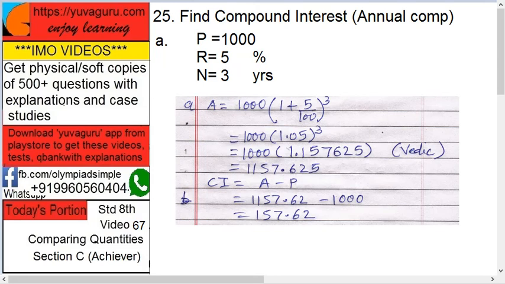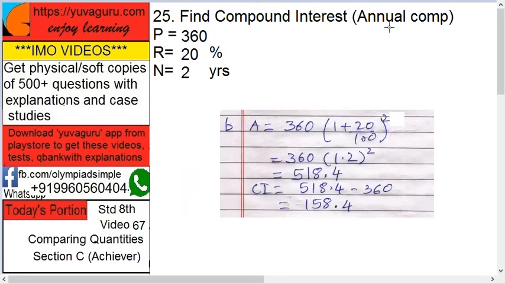Now B part. Again find the CI, annual compounding. P equals 360, R equals 20%, N equals 2 years. This is for practice basically. You take pen and paper and try solving this. So A equals 360 into 1 plus 20 upon 100 raised to 2. So 1.2 the whole square, right? 12 square is 144, so 1.44.